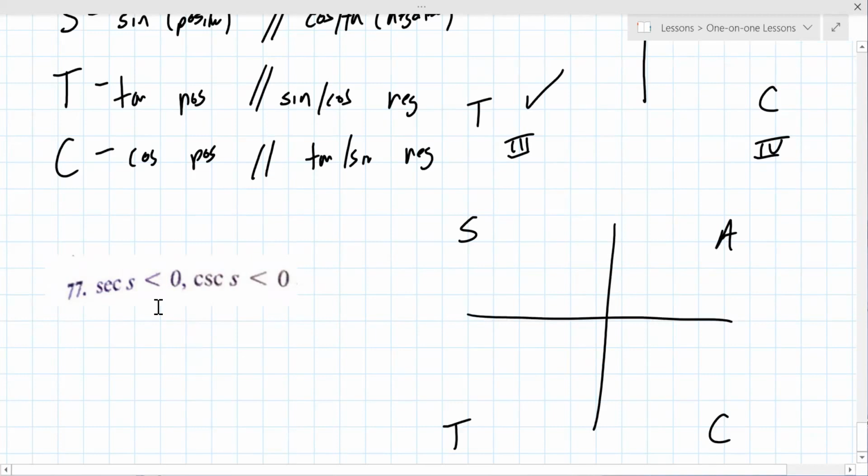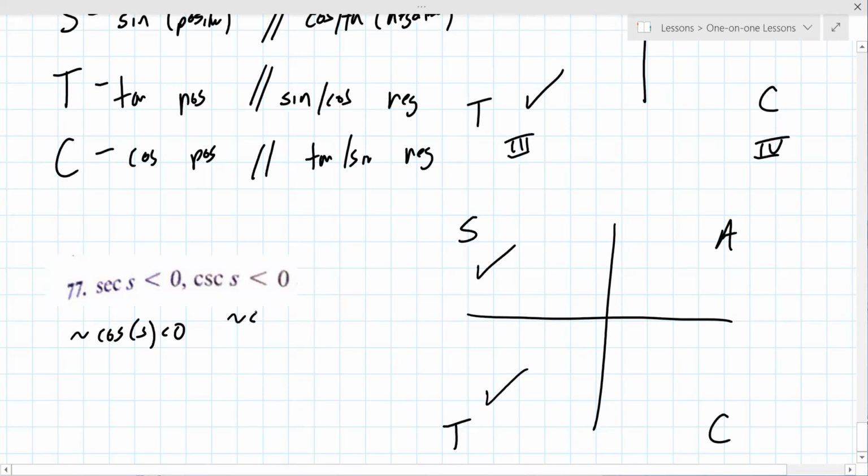There are quite a few steps to actually finding the answer. Secant, you can think of as cosine. So where's cosine negative? Well, if sine is positive, everything else is negative. If tangent is positive, everything else is negative.